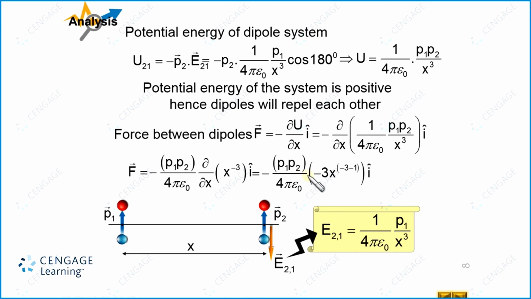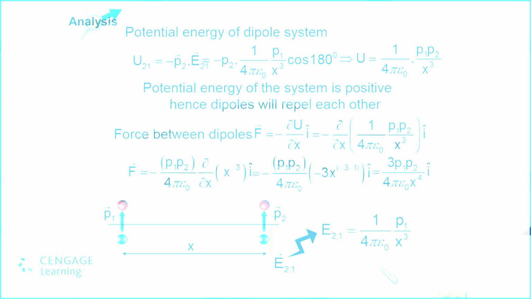Minus minus will be positive. So this value will be equal to 3 P1 P2 divided by 4 pi epsilon naught x to the power 4 i cap. We can observe here the force is in the positive x direction. That means the dipoles are repelling each other.